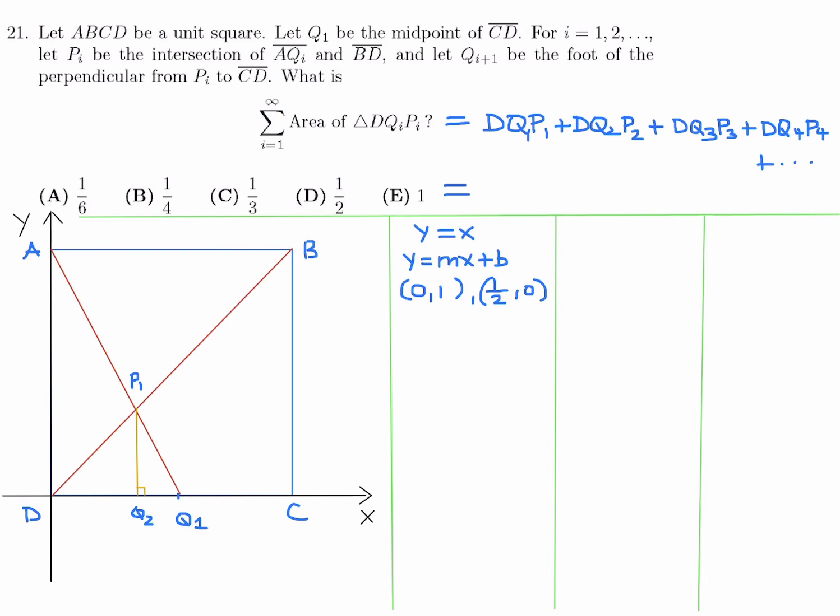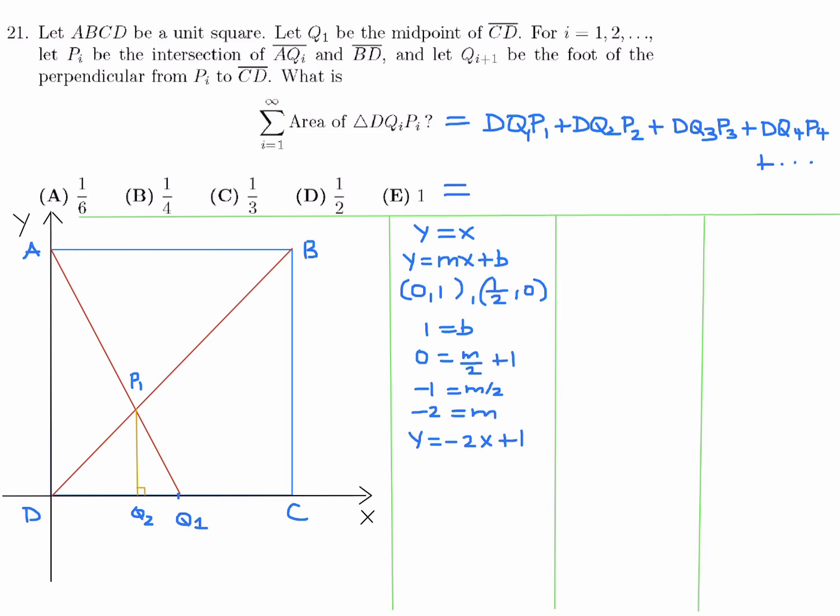So subbing in the first one, I get 1 is equal to b. Subbing in the second one, I get 0 is equal to m over 2 plus b. And therefore, minus 1 is equal to m over 2. So m is equal to minus 2. And therefore, my equation is y is equal to minus 2x plus 1.